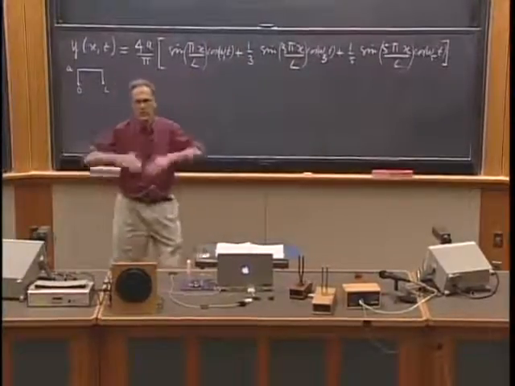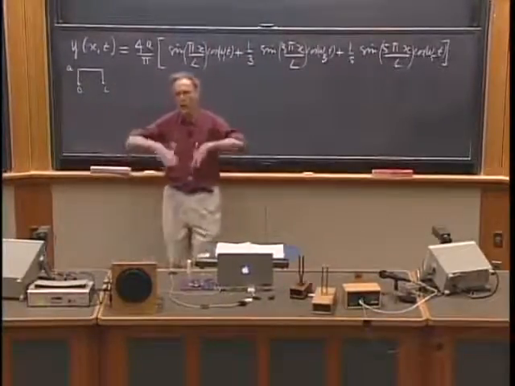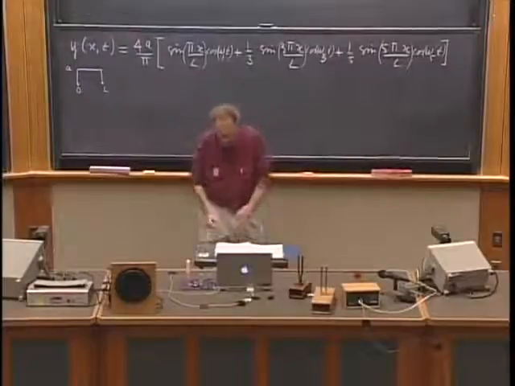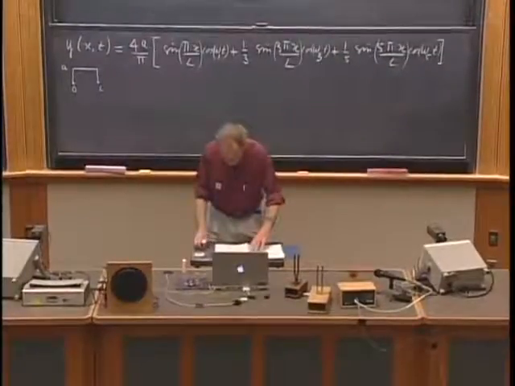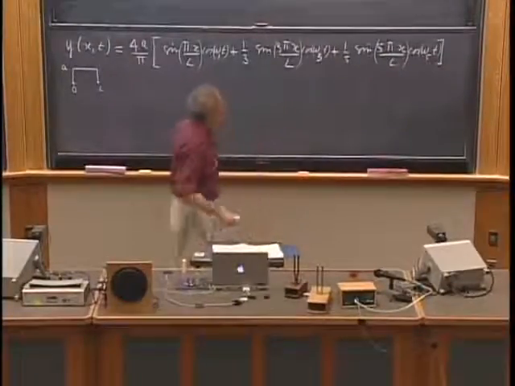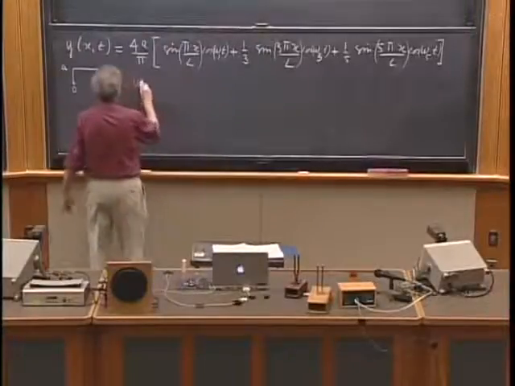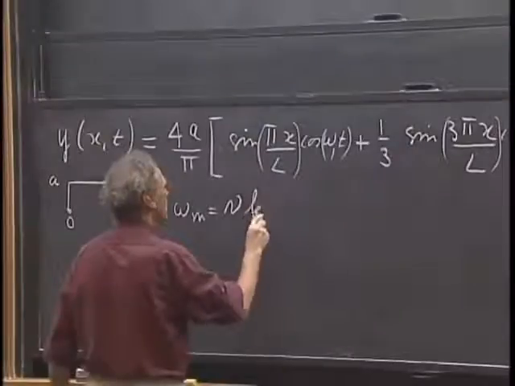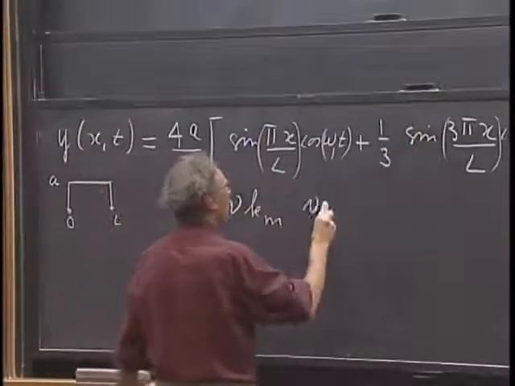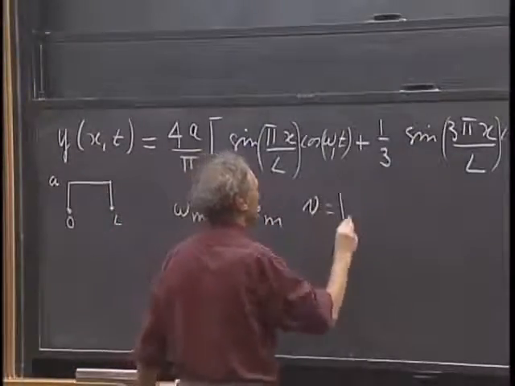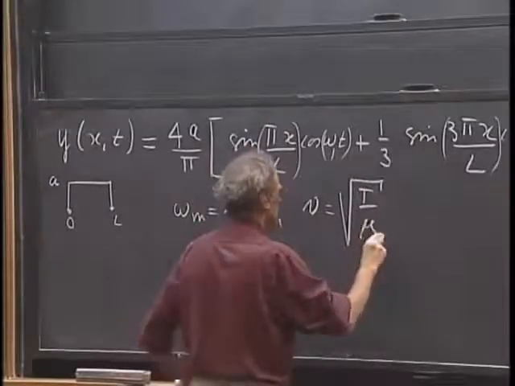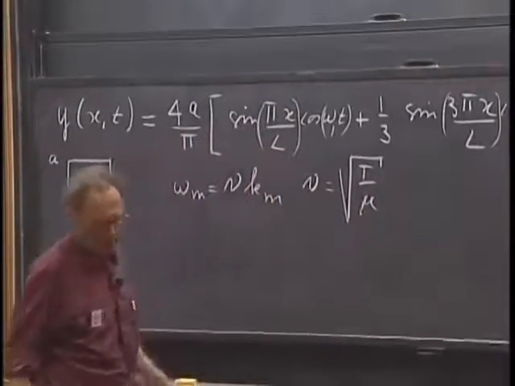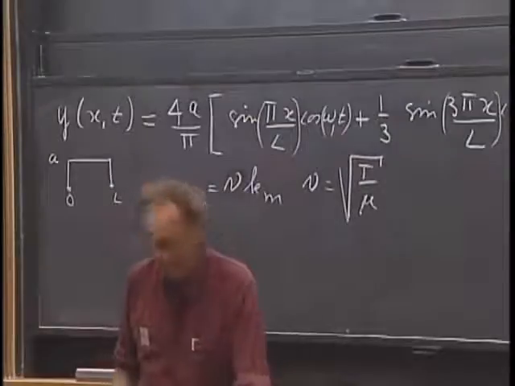And so each one of these is going to do this with its own amplitude and with its own frequency. And omega m is going to be v times k_m, and the speed of propagation is the square root of T divided by mu. And that's what's going to happen.